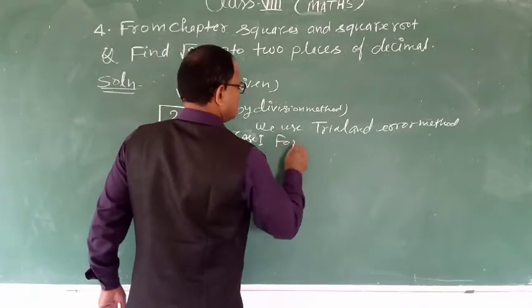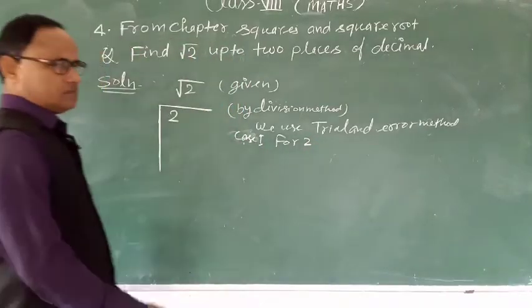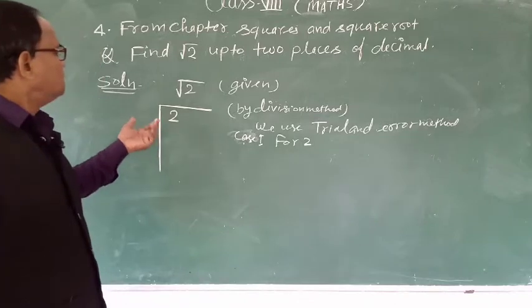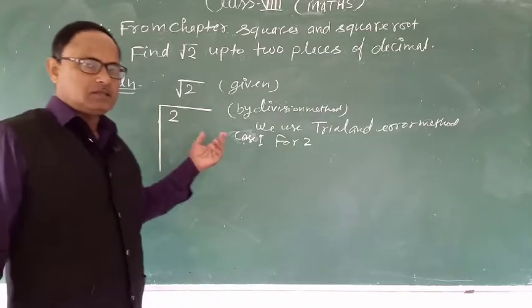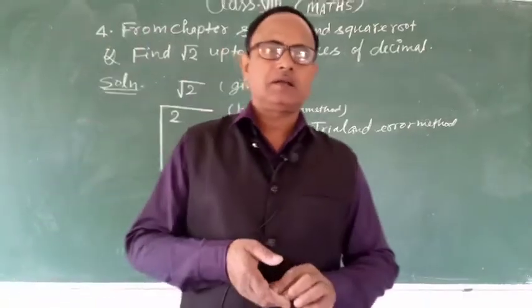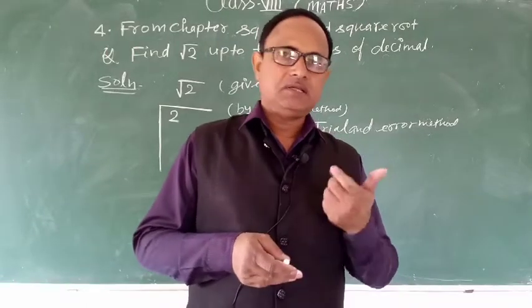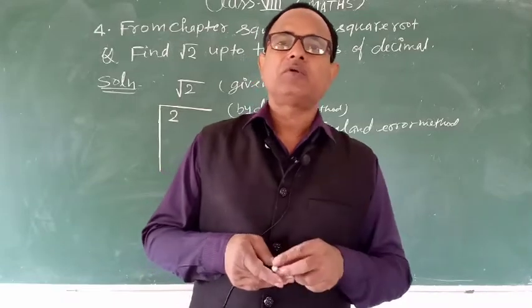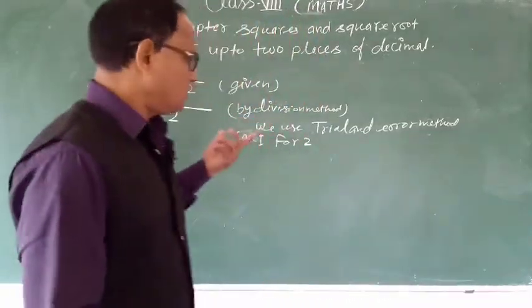For 2, check which number's square is not greater than 2, which is equal to 2 or less than 2, but not more than 2. So which number?